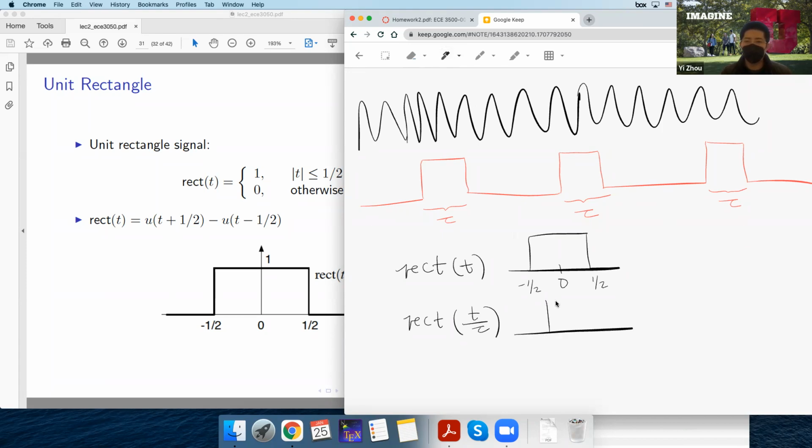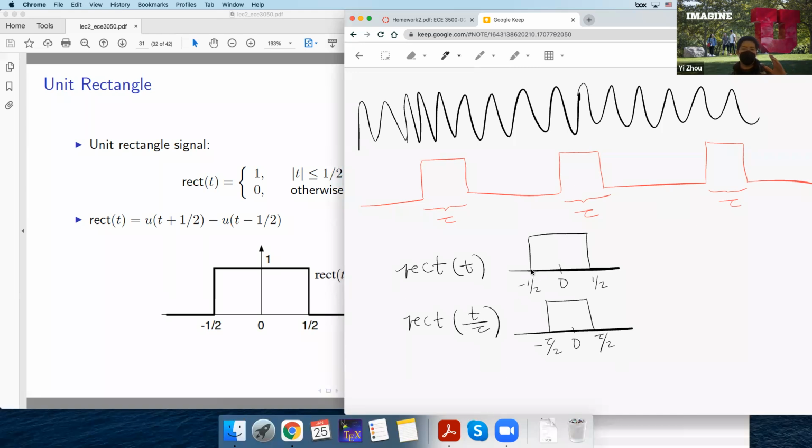With that, we have this rectangle signal between negative tau over 2 and tau over 2. Because I scale the time axis by the coefficient of 1 over tau, the time scaling factor is the reversal of this factor. It's basically tau.